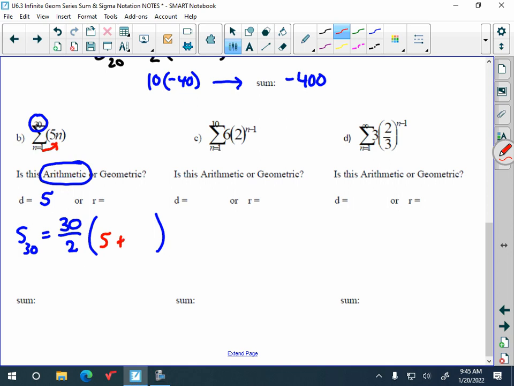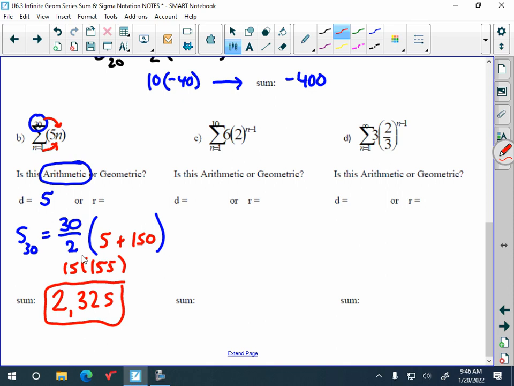Plus A30 is going to be what? 150. Plug 30 in for n. Now you just simplify it. 15 times 155, so 2325. And so that's the sum of the first 30 terms.